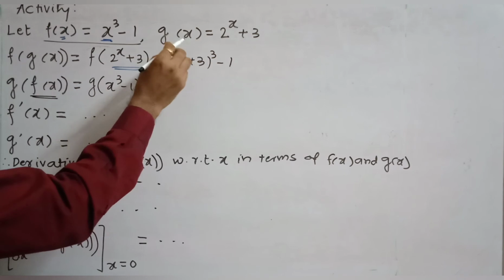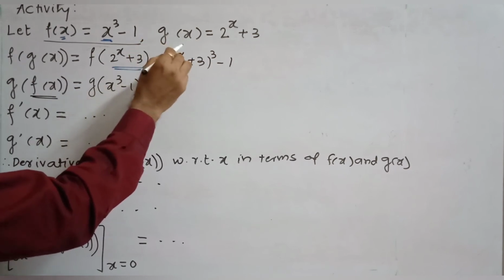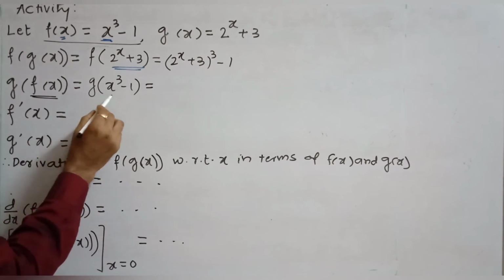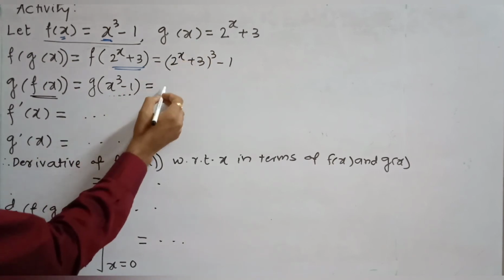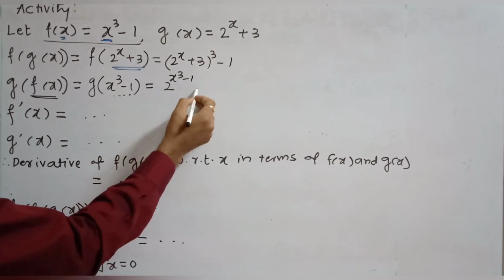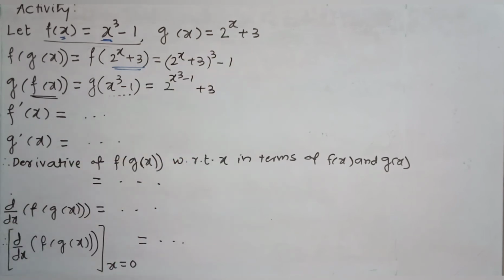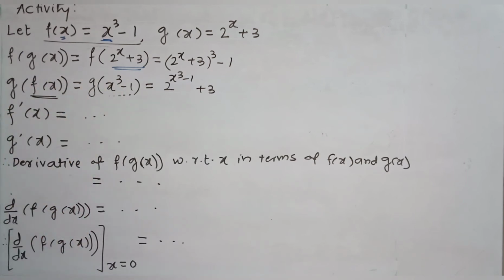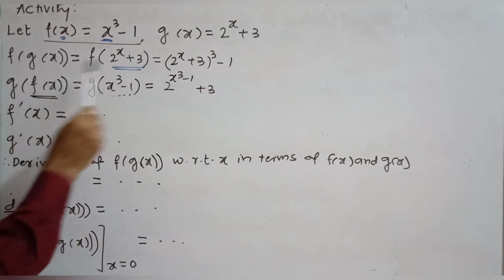When you put x as input in g, you get 2 raised to that input plus 3. So here the input is x cube minus 1. So 2 raised to x cube minus 1, and then plus 3 by this formula. So these are the two values which we wanted. The two blanks are filled up.